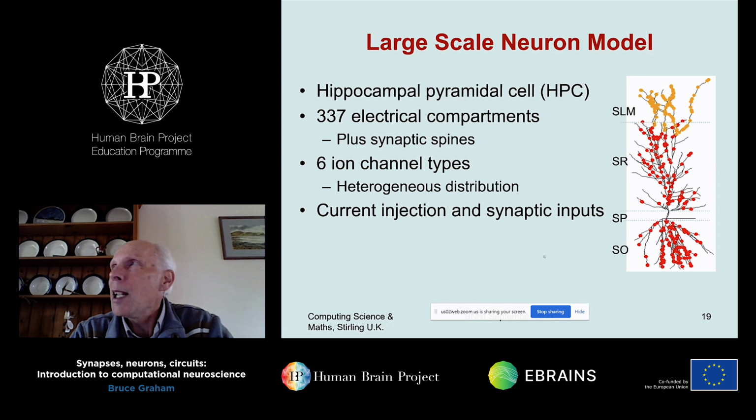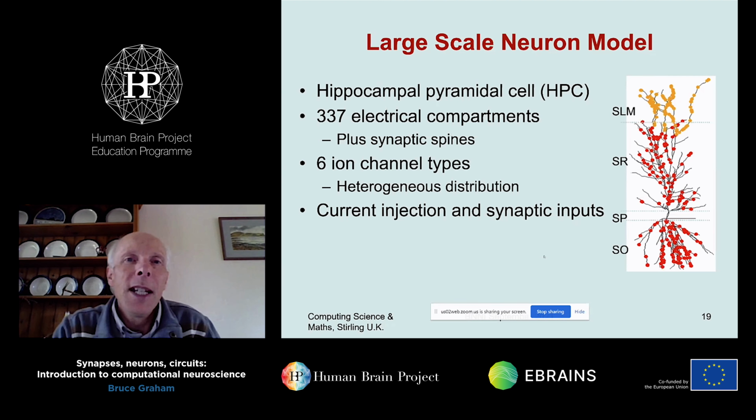Experimentally, we can now stain and visualize neurons in their entirety and digitize their morphology, which is a really nice tool to be able to form complicated or detailed compartmental models of such neurons. And this particular simulation involves dividing this cell up into 337 compartments and distributing 6 different types of ion channels across those compartments.